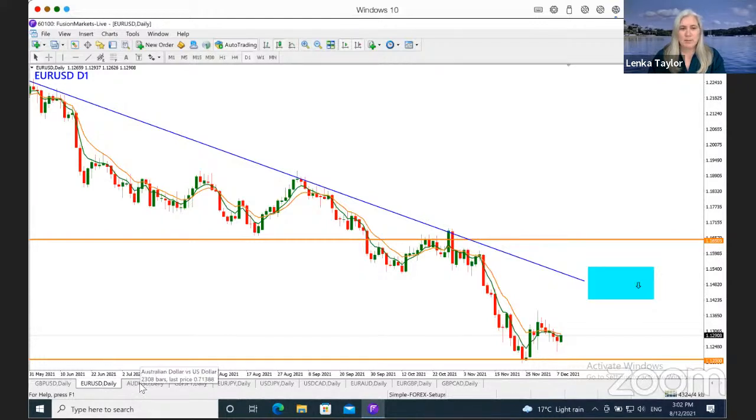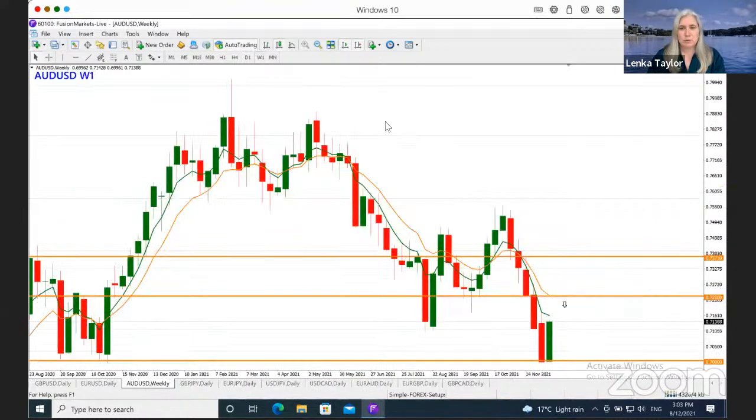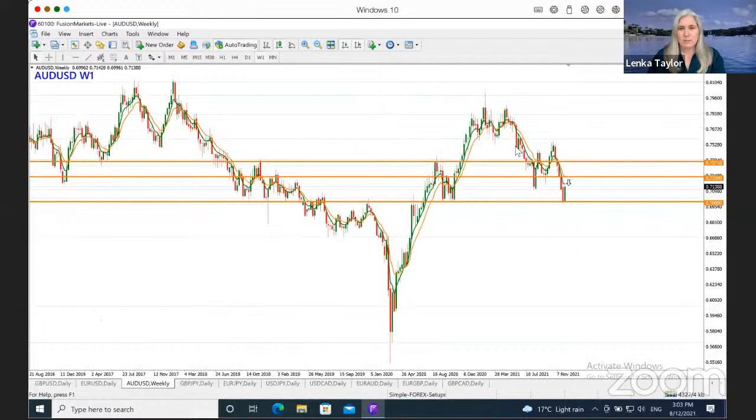Next currency pair I'm looking at is AUDUSD. And AUDUSD at the moment, still looking for short, even though on the weekly we are still in that downtrend and we just came off that bottom at 70.70.